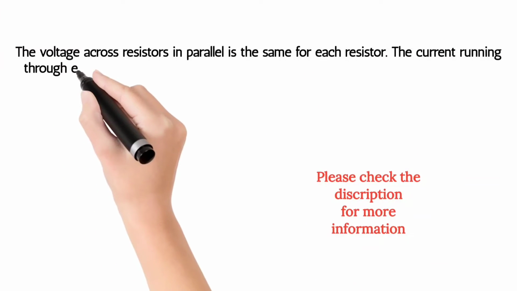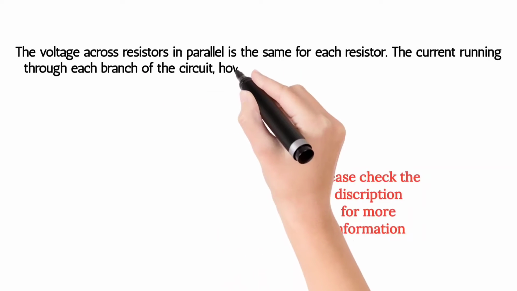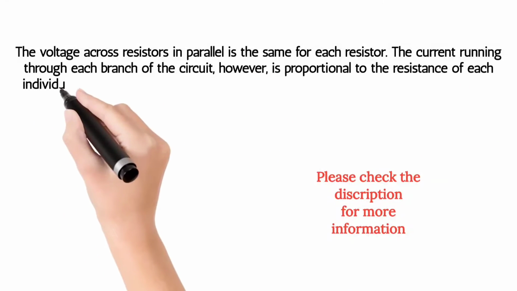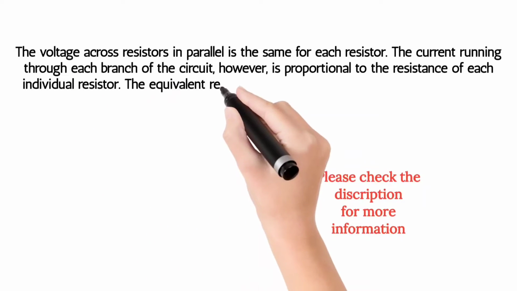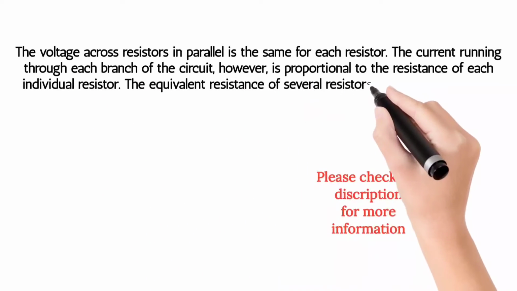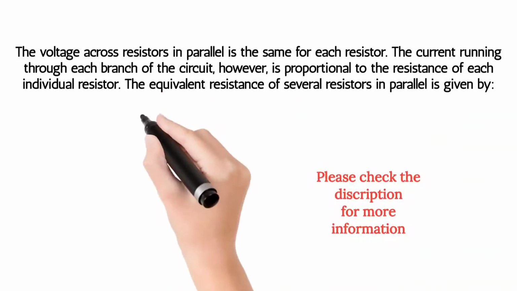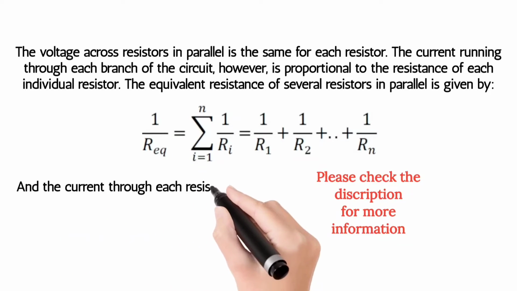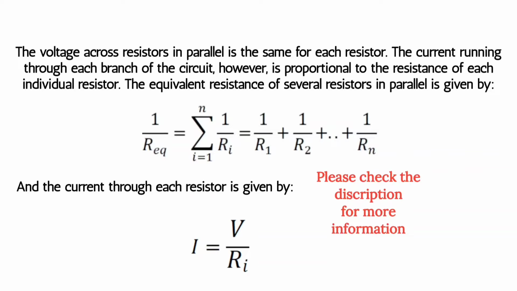The current running through each branch of the circuit, however, is proportional to the resistance of each individual resistor. The equivalent resistance of several resistors in parallel is given by: the inverse of the equivalent resistance is equal to the sum of the inverses of all resistances. And the current through each resistor is given by I equals V divided by R equivalent.